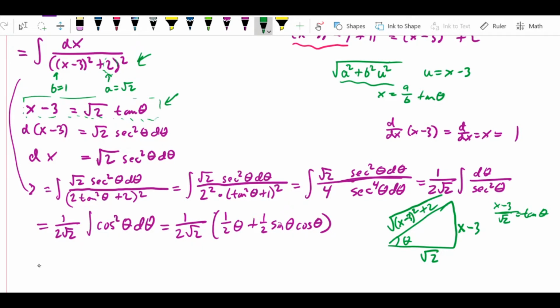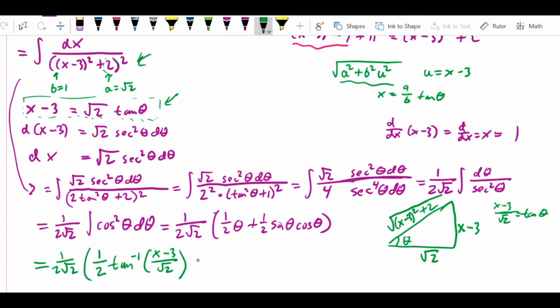So when we finally do the back substitution, we get 1 over 2 root 2 times 1/2 theta. So if x minus 3 over root 2 is tan theta, then that means that theta is arctan of x minus 3 over root 2.